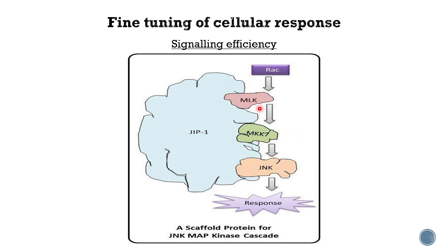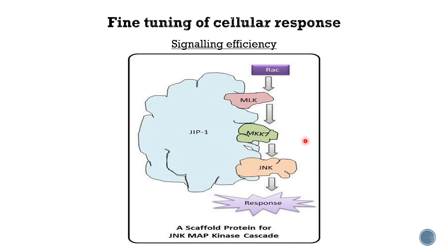In the cytoplasm, they are floating around freely, right? So in order for MLK to activate MKK7, MLK must, by chance, bump into, or better term, effectively collide with MKK7, right? So that one is a bit by chance, so not so efficient, right?